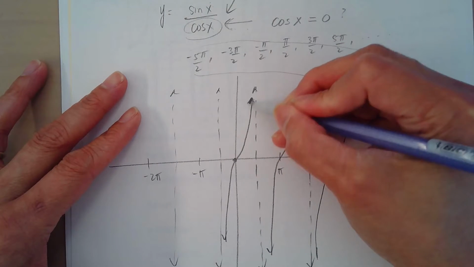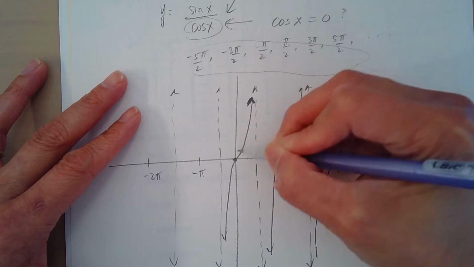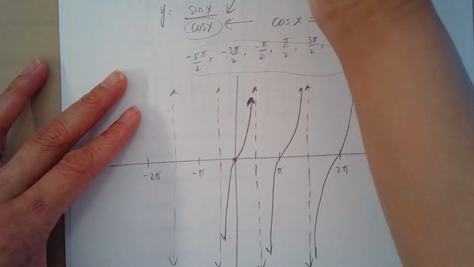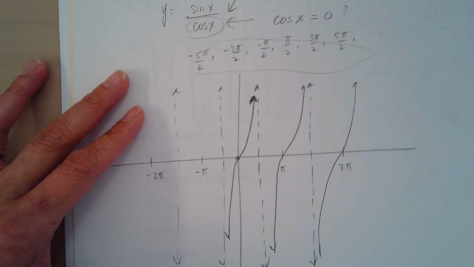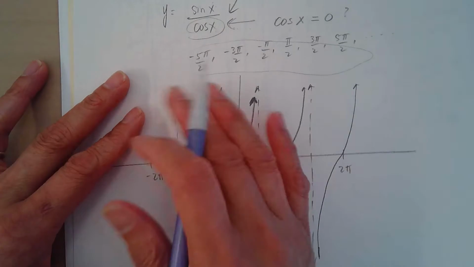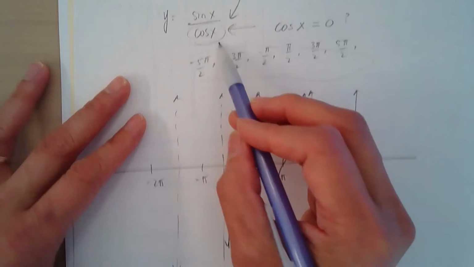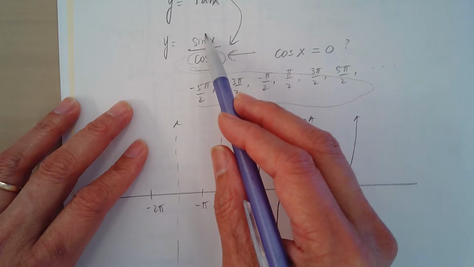As you can see, there can't be a horizontal asymptote because this is going to extend infinitely up and infinitely going down. And when do we have a horizontal asymptote? When the denominator is way bigger than the numerator.